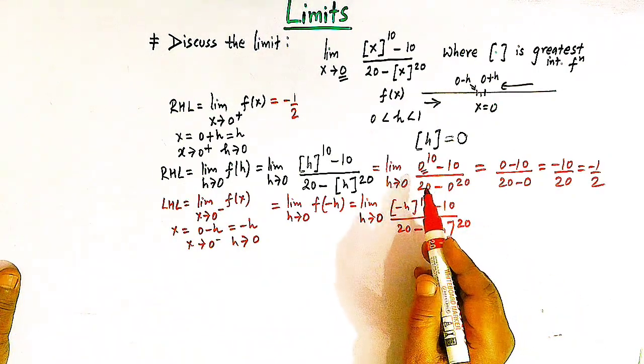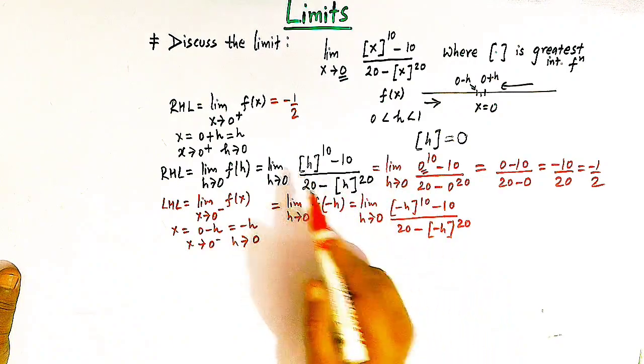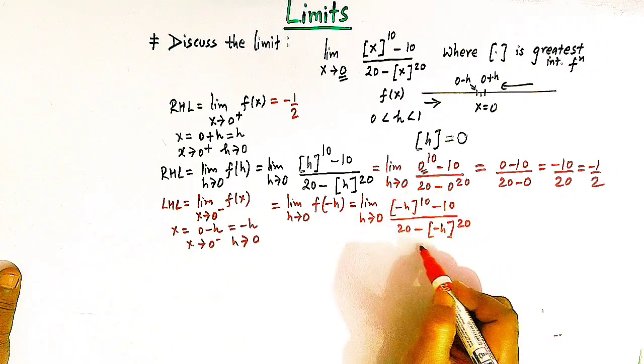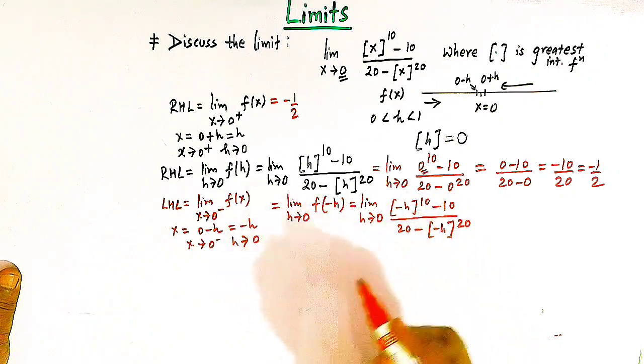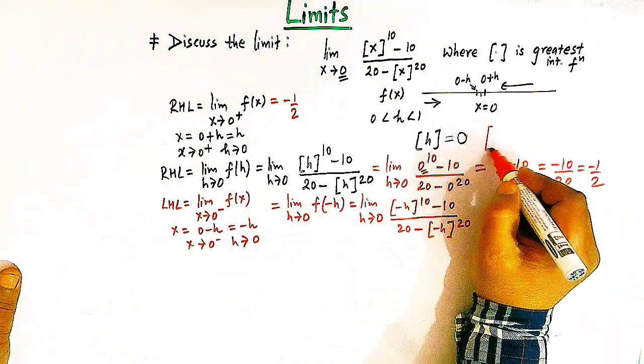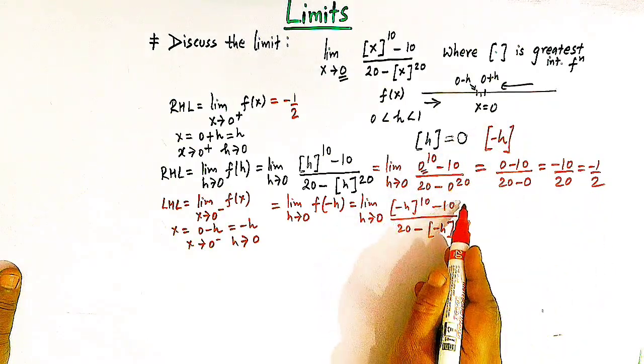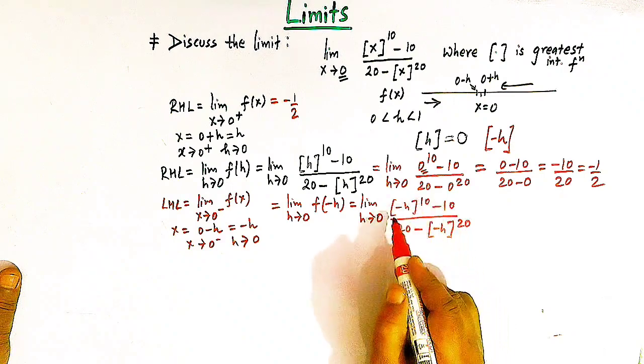Okay, so now as we have just explained, we cannot directly take h is equal to 0 in this expression, right? So what we will do, we'll first calculate the greatest integer of minus h which appears in this expression.